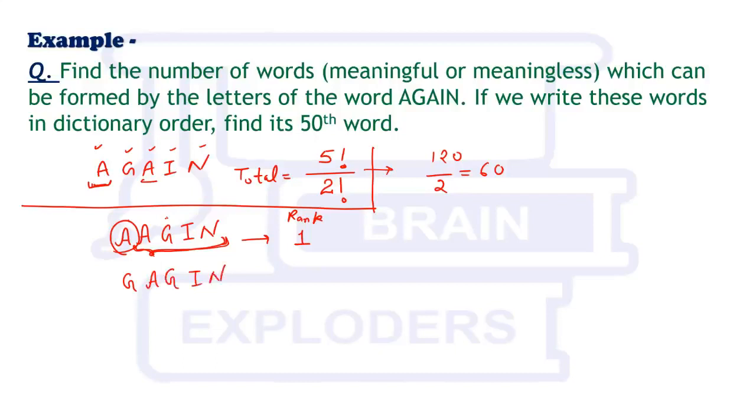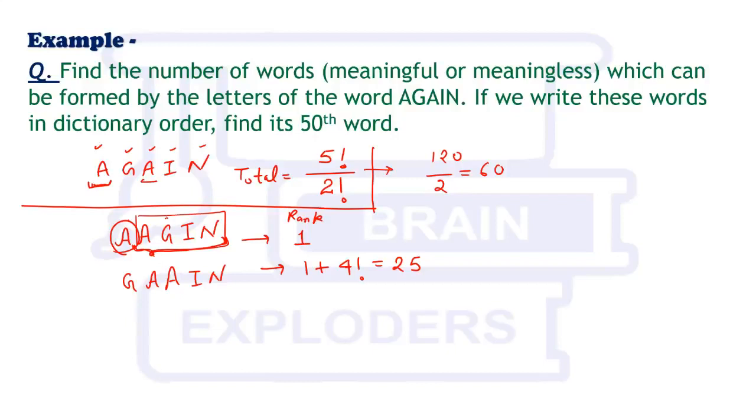Its rank will be 1 plus all the permutations which we have performed. How many permutations are possible with these last 4 letters? It is 4 factorial over 2 factorial, which is 12. Oh, sorry, here it is a double A. Great. So we have reached the rank 25.